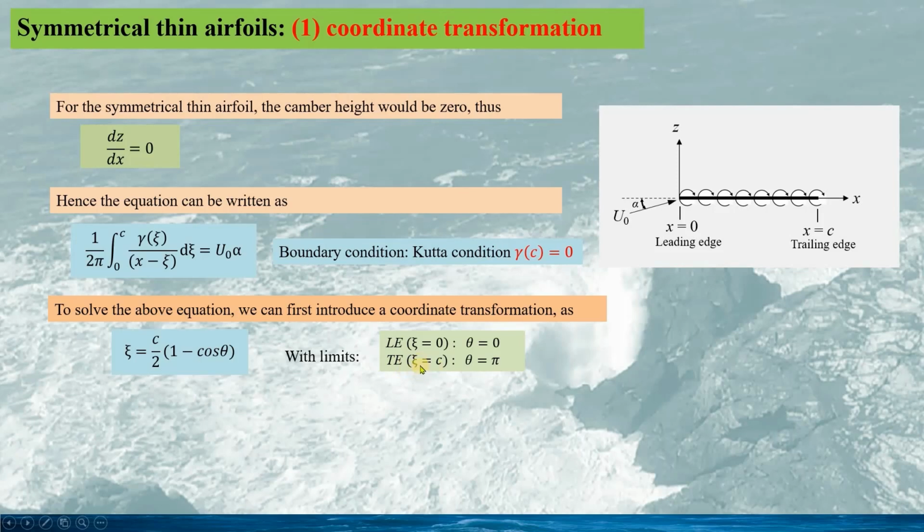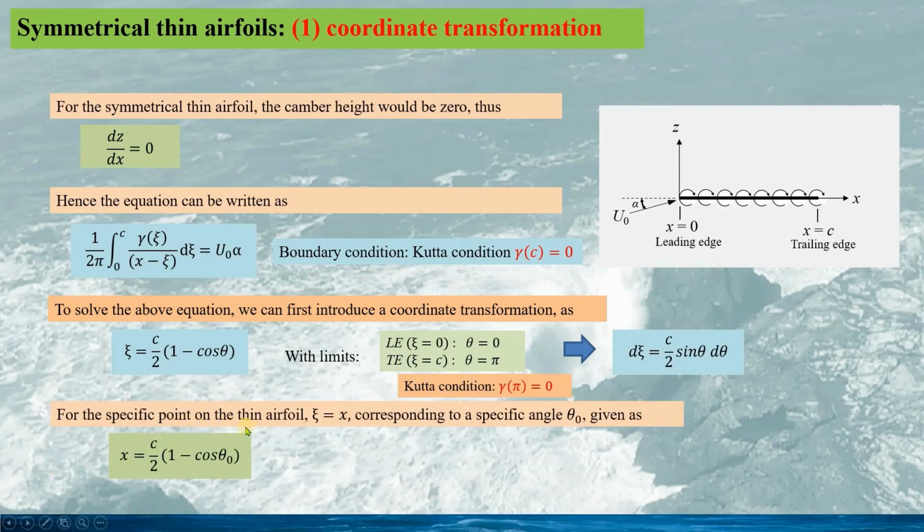And at the trailing edge, z equaling c would lead to theta equaling pi. And we have the expression for dz expressed as this. The Kutta condition is now expressed as gamma of pi equaling 0.